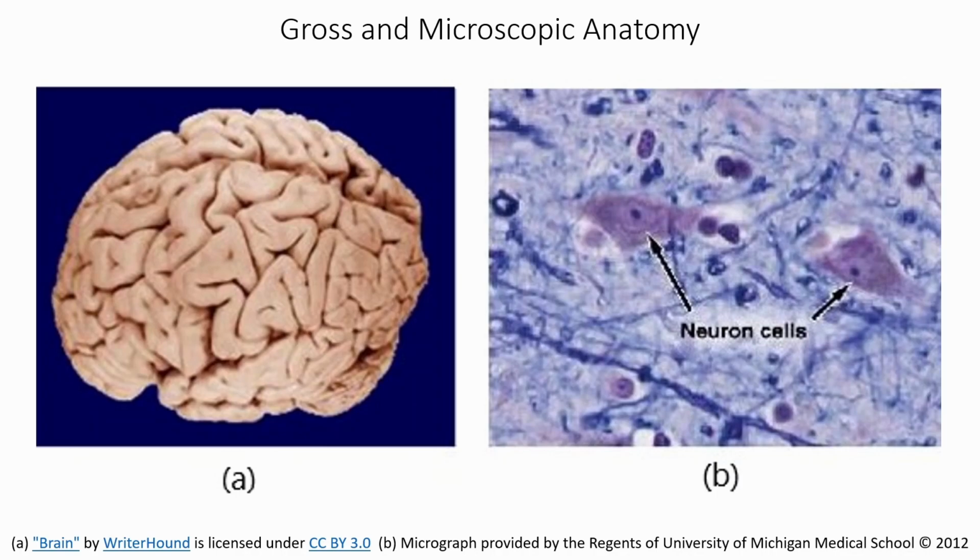This is the tissue side, the microscopic side. And what we see is the microscopic anatomy comes together to form the gross anatomy. We'll talk about both sides of this. We'll put a heavier focus on the gross anatomy for the most part, but we will really talk about the microscopic anatomy as well. You can't really study one without studying the other at this point. They go hand in hand.